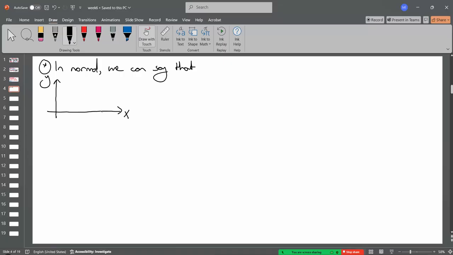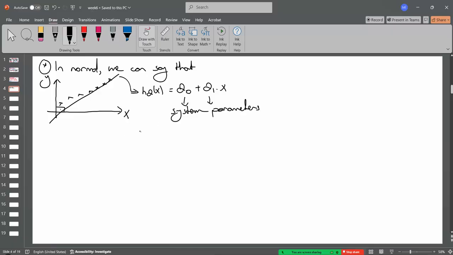Y is the output, X is the input, right? And so we can draw the points just like this one. This is the data, and also we can assign the hyperplane in here in the model of h_theta(x) equals theta_0 plus theta_1 x, right? And so this theta_0 and theta_1 are called the system parameters or the model parameters in here, okay? But this defines the distributions or the data representation on this diagram based on the hyperplane approximations.